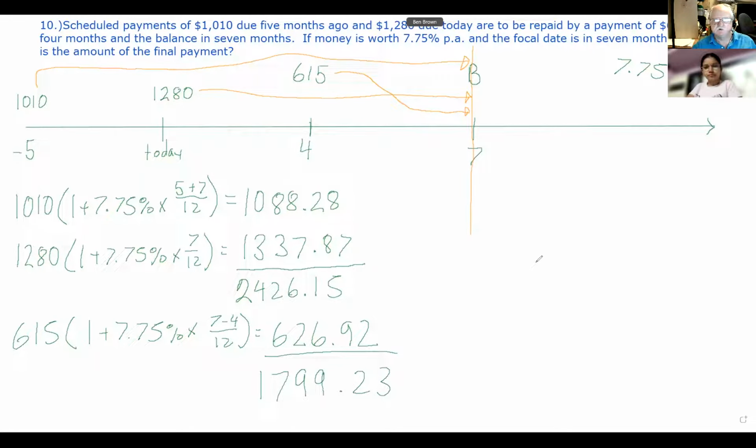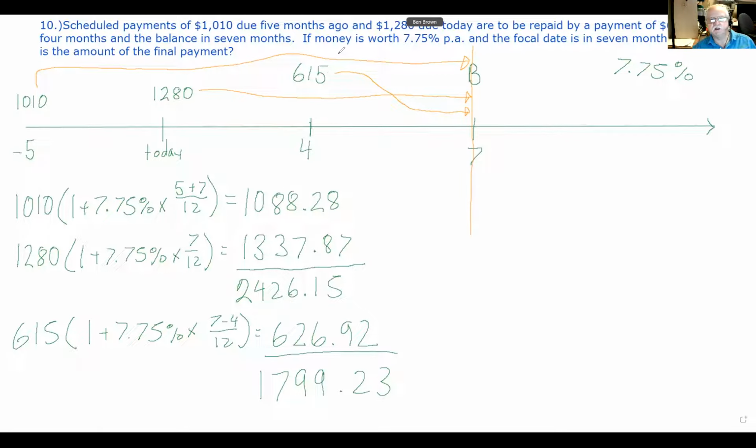So any questions on what happened there? Just keep that concept in mind that everything has to go to the focal date, because you can't compare sums of money at different times. Why we subtracted 7 minus 4: this 615 wasn't due to be paid until 4 months.